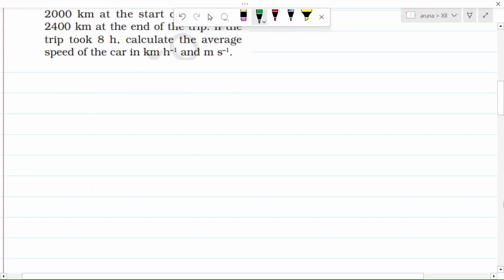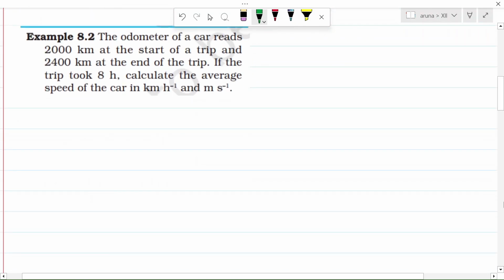So going by the first question, these are examples from NCERT. The first question is, the odometer of a car reads 2000 km at the start of the trip and 2400 km at the end of the trip. If the trip took 8 hours, calculate the average speed of the car in km per hour and meter per second. This is an easy question.